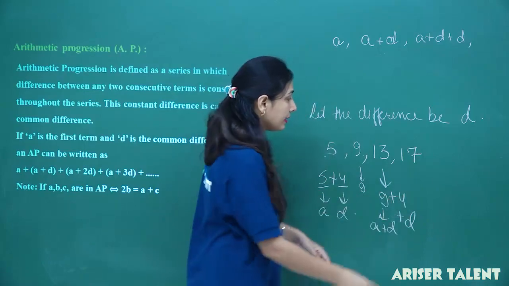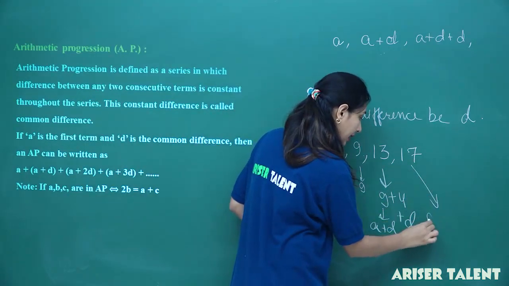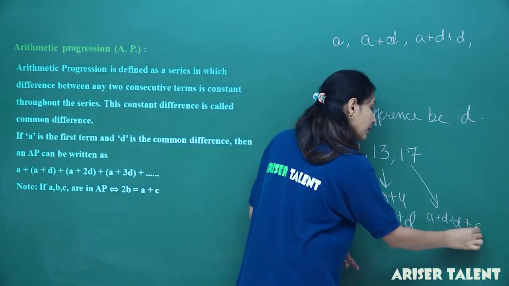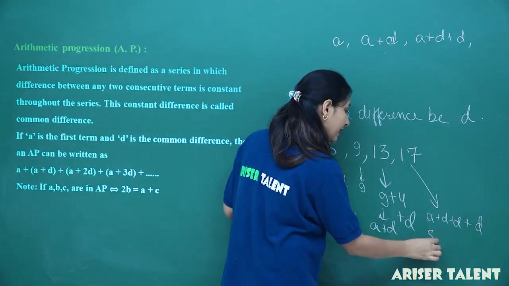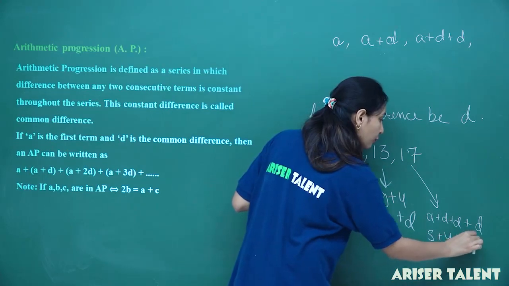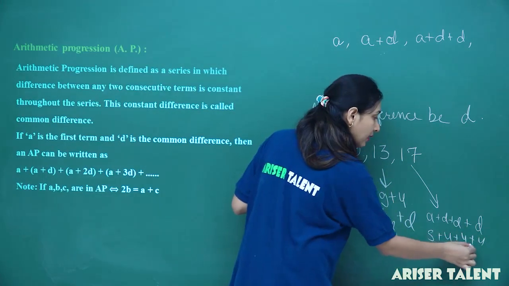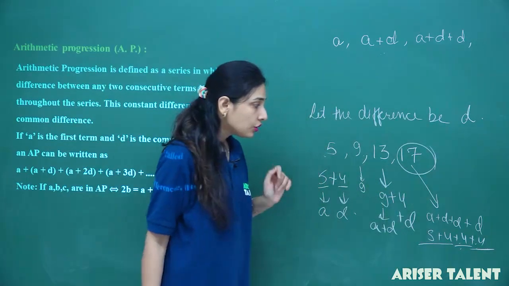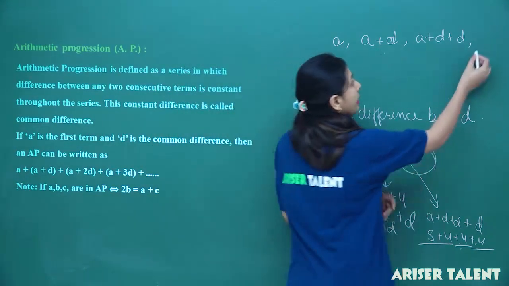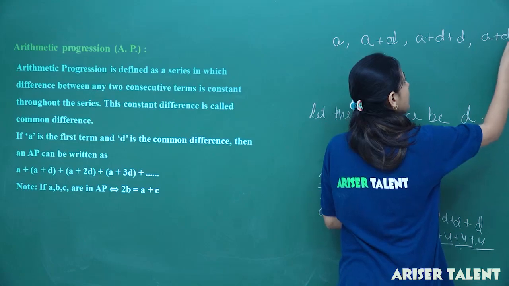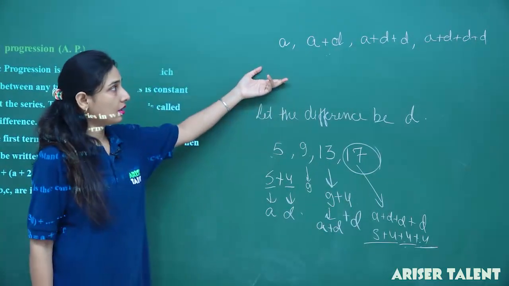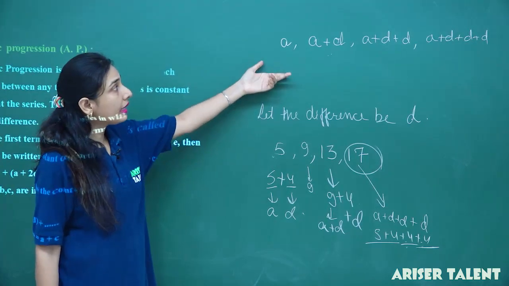Okay, and here that will be what? This is A plus D and again one D. A was 5, then 4 plus 4 plus 4. So 9, 10, 11, 12, 13, 14, 15, 16, 17. So it will be 17 here. So I can say that will be A plus D plus D plus D. Now how can I rewrite it?